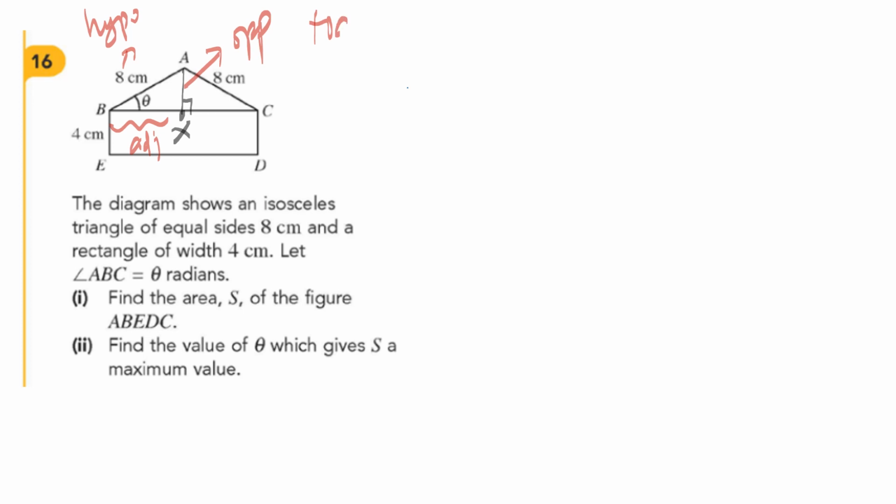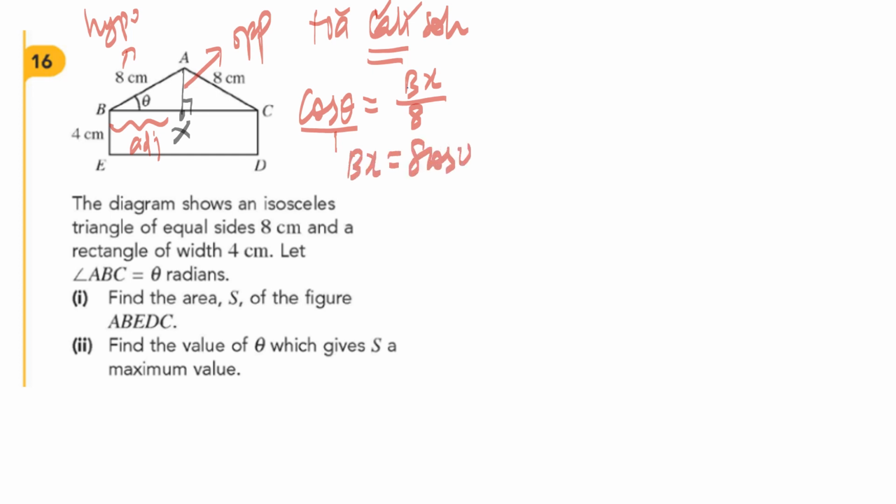So you need to find A and you're given H, so you can use cosine to find BX. So therefore cosine theta will be adjacent, which is BX, over your hypotenuse, which is 8. Right, so we do a cross multiply, BX is 8 cos theta. So therefore the length BC is 2 times BX, so that will give you 16 cosine theta.